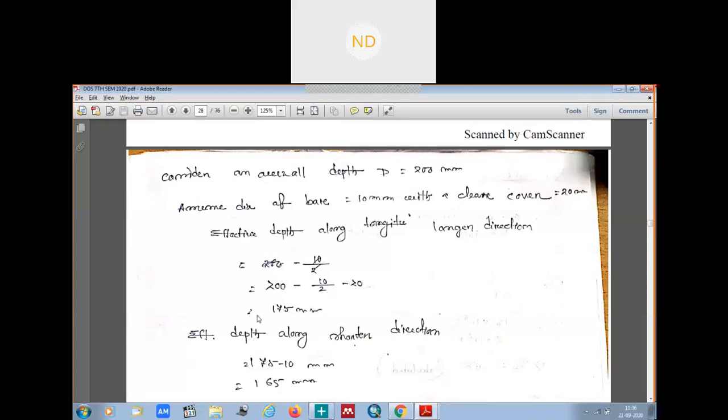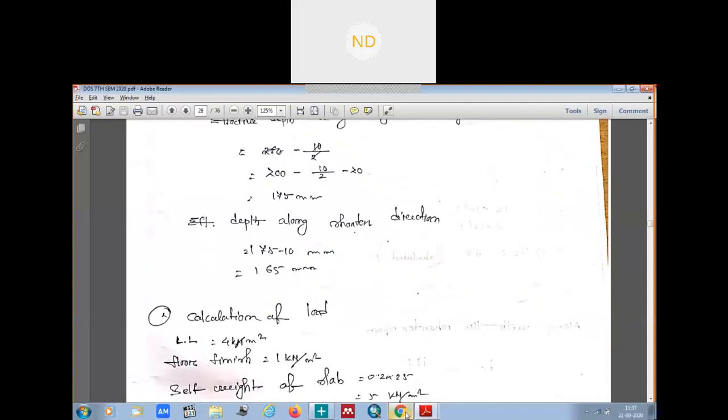And along the shorter span, we keep it less; we subtract the diameter of the bar, or you can say half of the clear cover, from the effective depth of the longer span for the shorter span. So 175 was the effective depth of the longer span. We have kept it a little less along the shorter span, so we have just subtracted half of the clear cover.